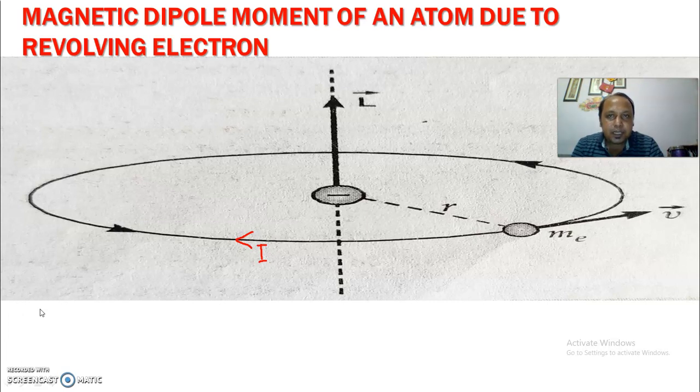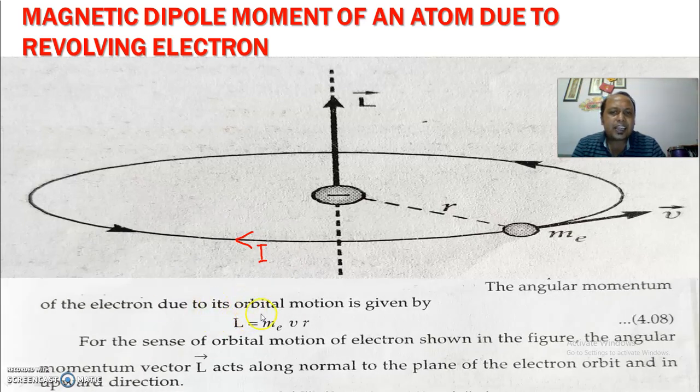The direction of p is along the direction of v, so momentum p will be given by mv, right? So if we want to find the magnitude of L, it can be calculated very easily. Say L is equal to r cross p. So the magnitude will be given by r p sine of the angle between them.